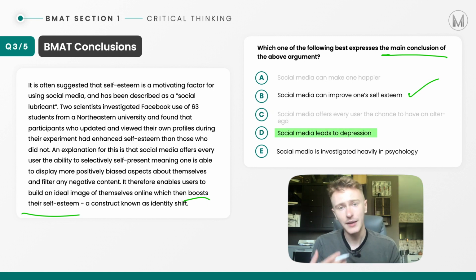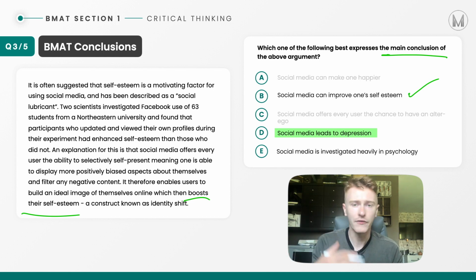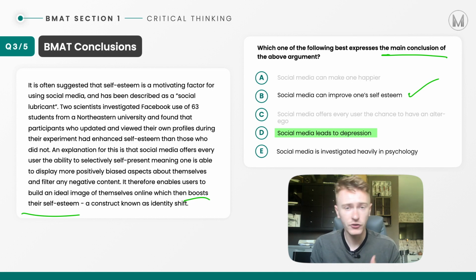This comes into what I was saying about not letting your outside knowledge affect your BMAT performance. You might have your own opinions on what social media does, in particular its relationship to mental health issues. However, you really have to put this aside and focus on what the author's saying. He seems to just be describing the research, which suggests that he's passively in agreement.